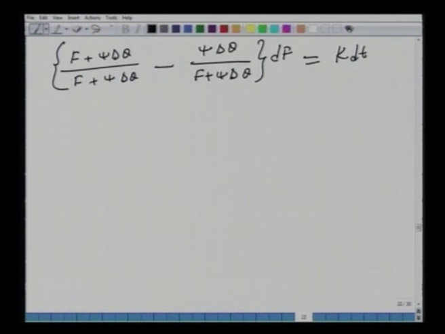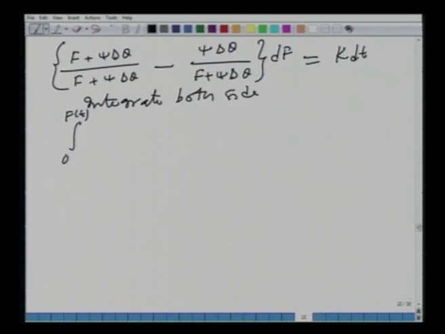Now, what we do is we integrate on both sides. One is with respect to F and the other is with respect to time. Okay. If we did that, we will have 0 to F(t), between 0 and t.